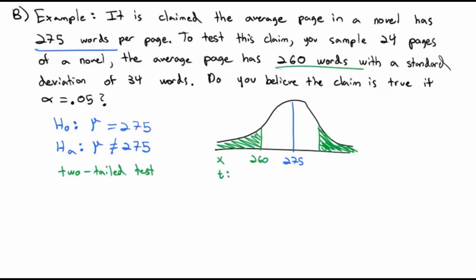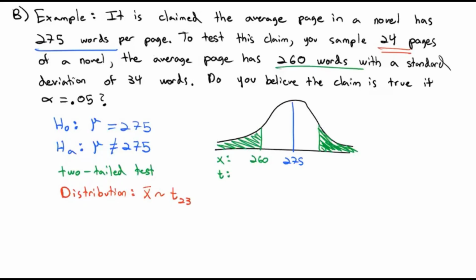We're going to calculate t values off of the distribution. The mean is distributed as a t distribution because we don't know the standard deviation of the population. But we do know the degrees of freedom is 1 less than the sample size. So the degrees of freedom is 23.